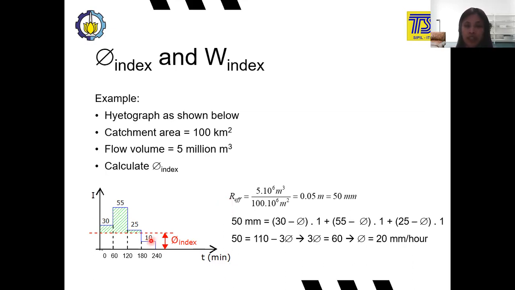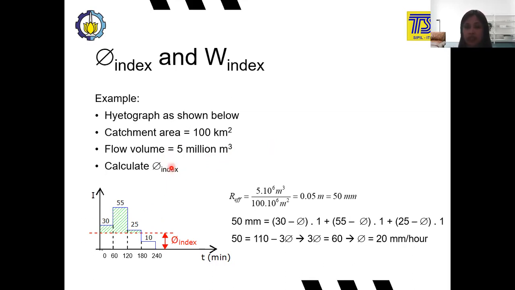So here we have rain intensity of 30 millimeters per hour, and then here we have the durations of the rainfall: 1 hour, here 60 minutes, 120 minutes, 180 minutes, and 240 minutes. And then here we have the catchment area of 100 square kilometers and the flow volume of 5 million cubic meters. And then we have to calculate the P index.